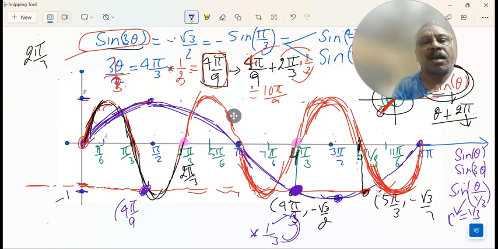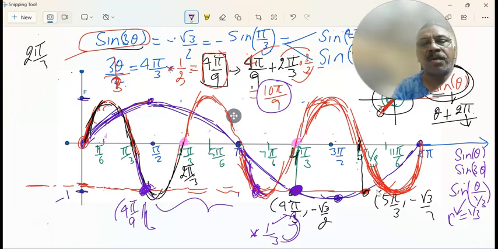Okay. And once you get this 4 pi by 9, the answer that you get, 10 pi by 9, is from this 4 pi by 9 until the next one. Now see the graph, this graph goes like this, right? Same thing it goes here. From here to here is the period, 2 pi by 3.